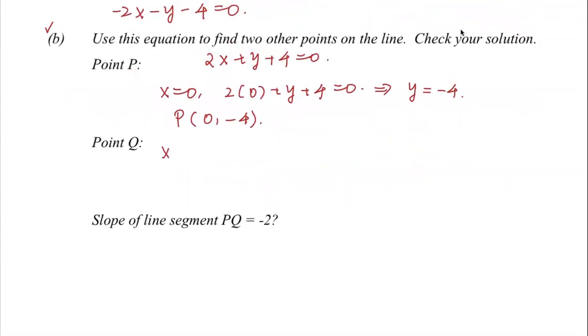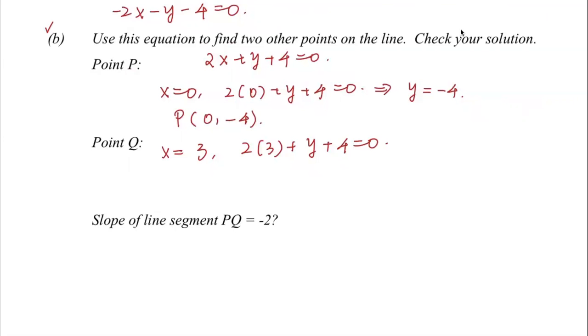Let's make x be equal to, let's say, 3. If x is equal to 3, then 2 times 3 plus y plus 4 is equal to 0.